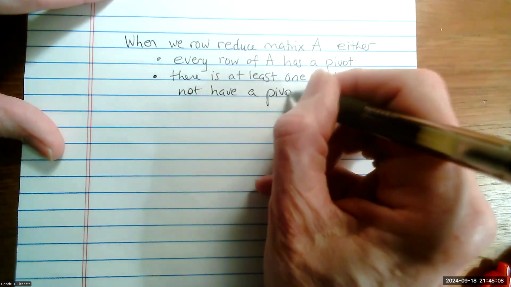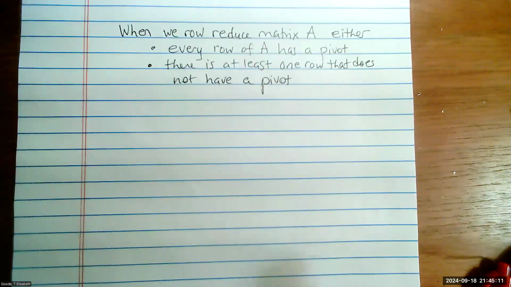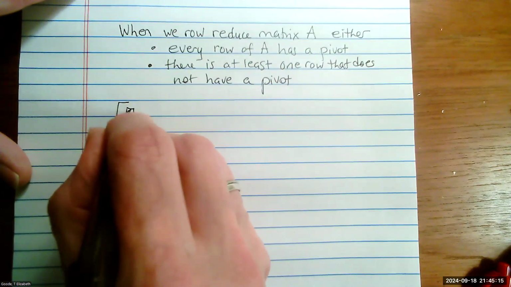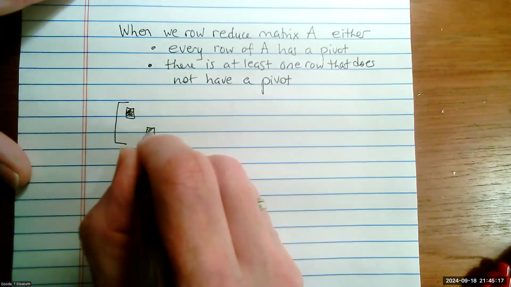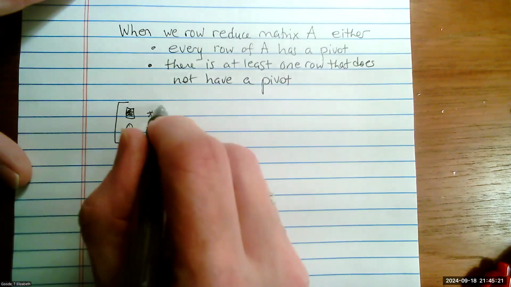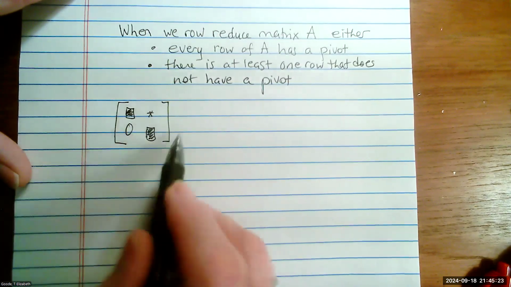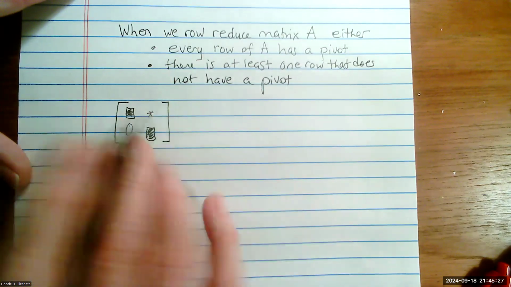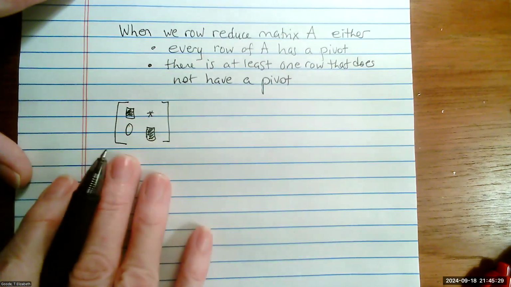Right? You can just look at any matrix when you reduce it. If it's like this, you have a pivot here and you have a pivot here. There's a 0 here, and this is just echelon form. But the point is we have a pivot in both rows. Hey, every row of A has a pivot.